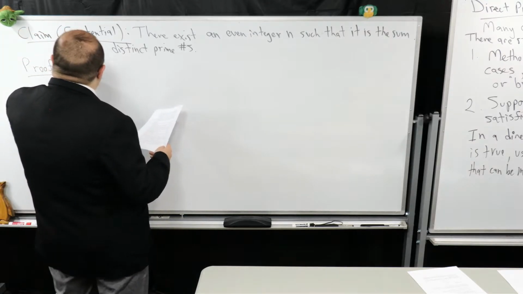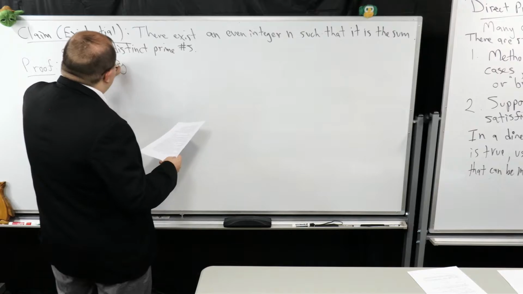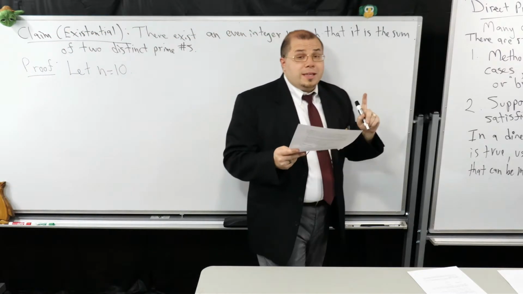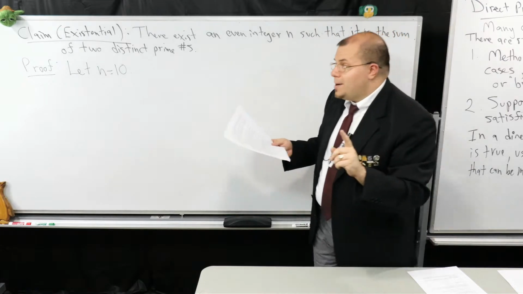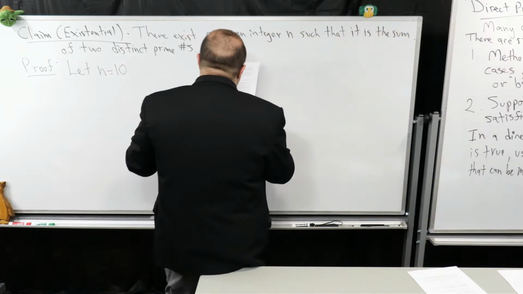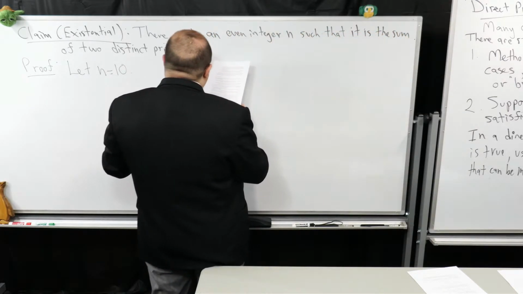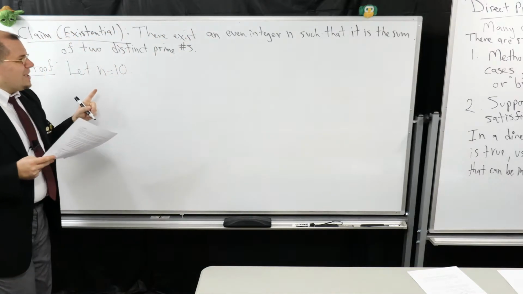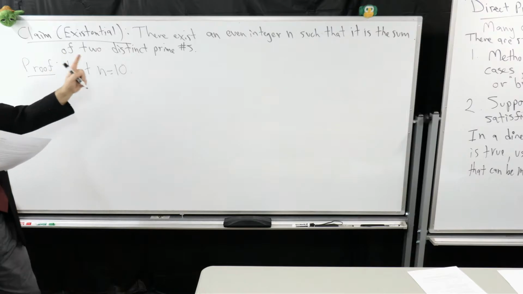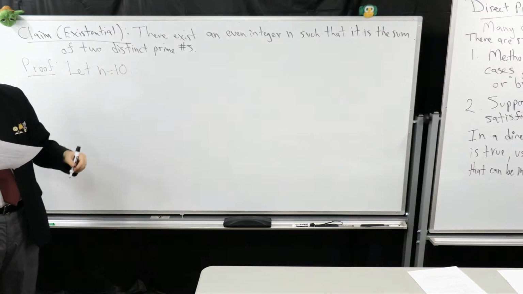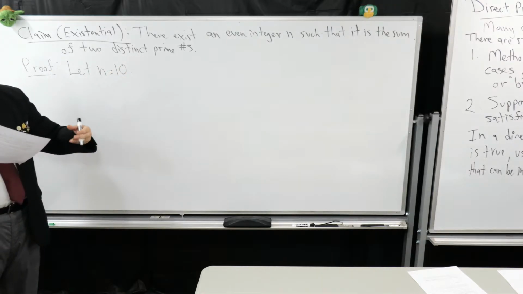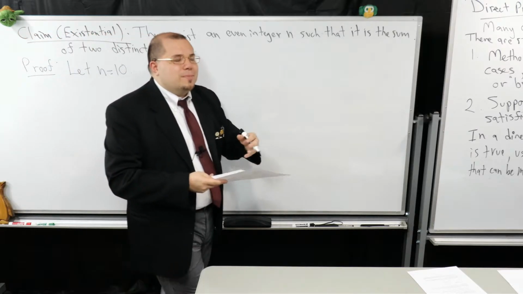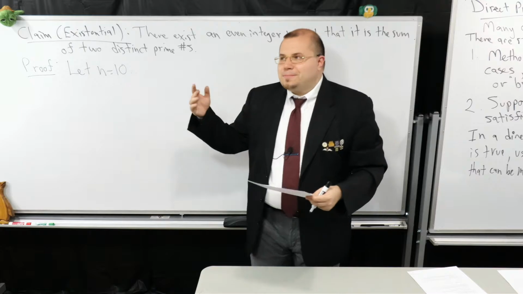So I'm going to let n equal 10, for example. And now I have to justify for you that this, in fact, is a prime number. Actually, no, it's not a prime number, right? Got to read this carefully. It's the sum of 2 distinct prime numbers. But what does that mean? It means that there are 2 different prime numbers, and when I add them, I get 10.